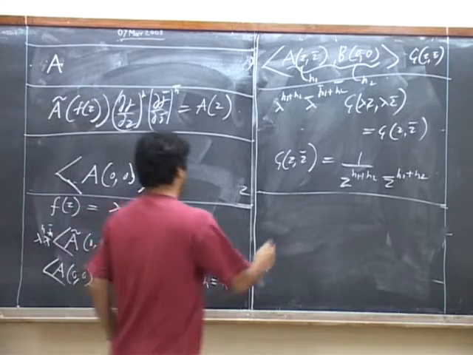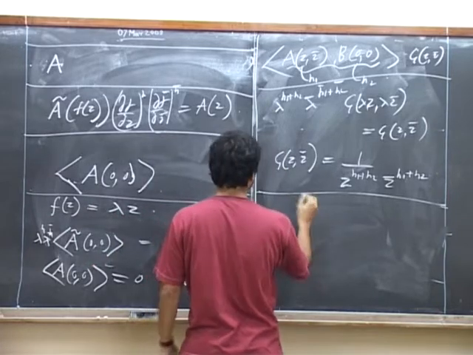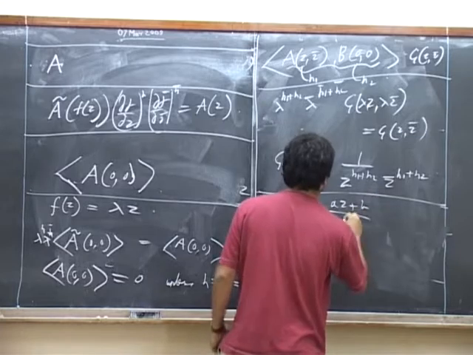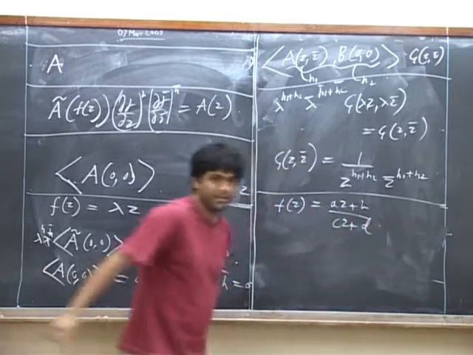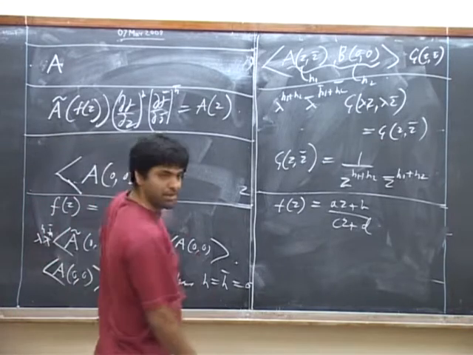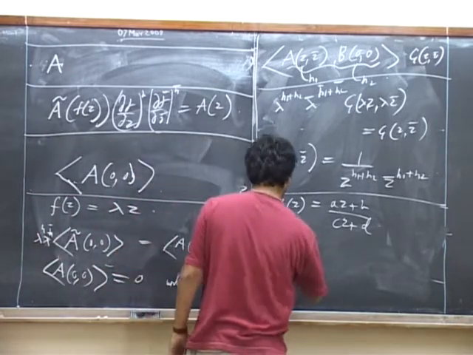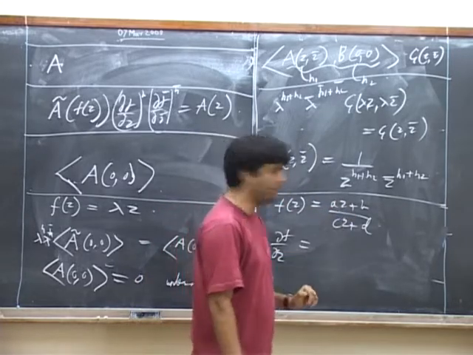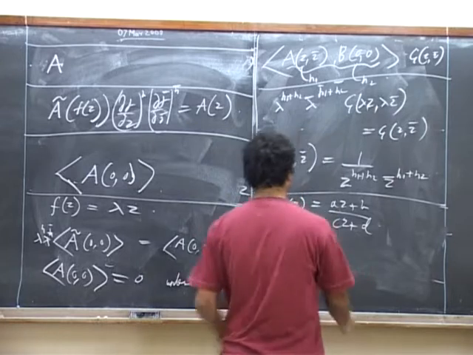Suppose we write down an arbitrary SL(2,C) transformation f(z) equal to (az+b)/(cz+d). Now let's compute ∂f/∂z, because we need that for this rule. Well, we get two terms. We first differentiate the numerator, then differentiate the denominator.